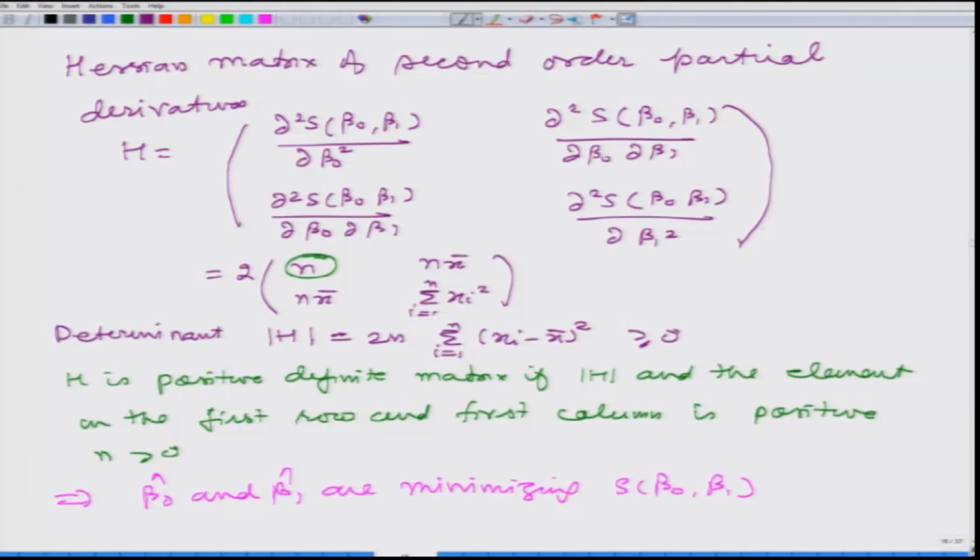And this matrix has to be evaluated at beta 0 equal to beta 0 hat and beta 1 equal to beta 1 hat.